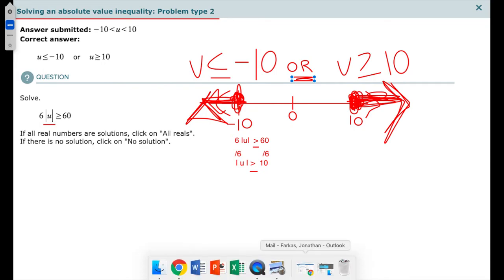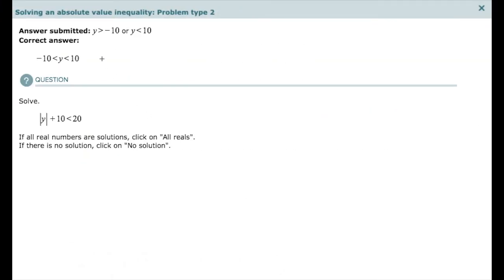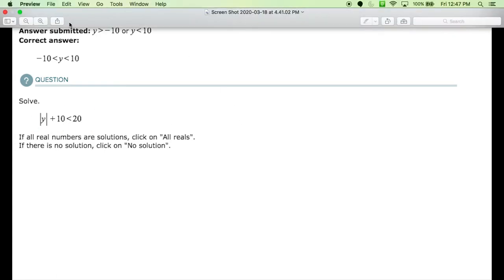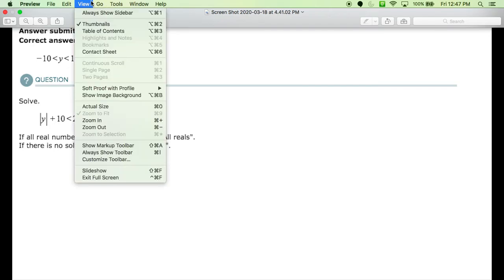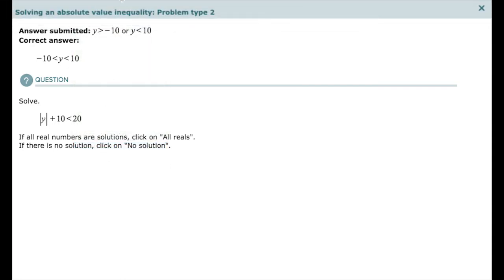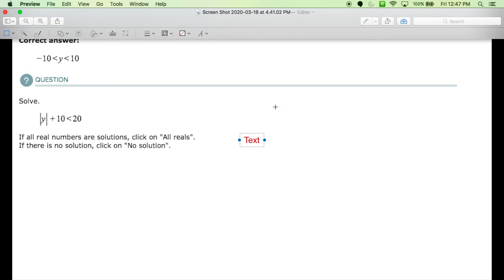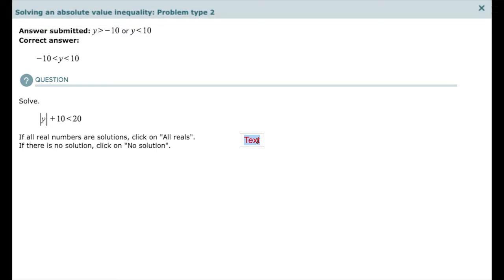All right, so let's look at one other problem. So this one, right here, we're solving the absolute value of y plus 10 is less than 20. So let's go ahead and write this out. The absolute value of y plus 10 is less than 20.